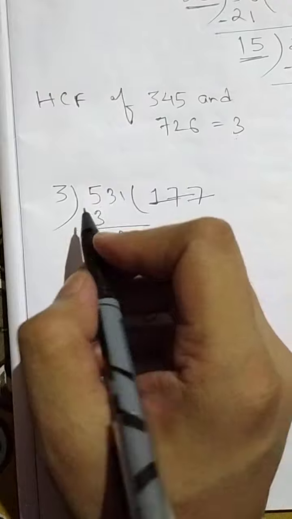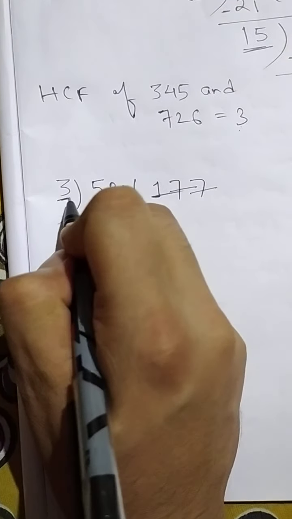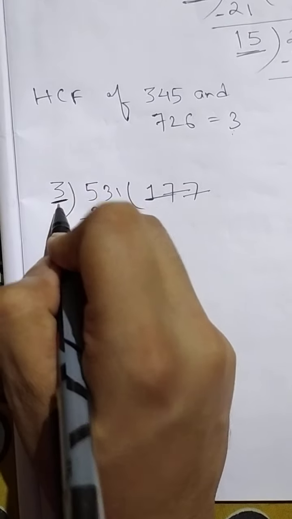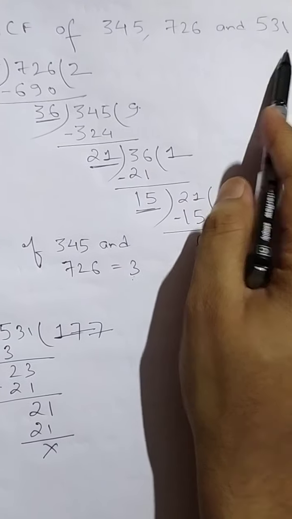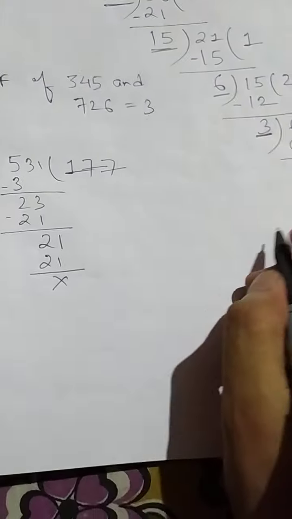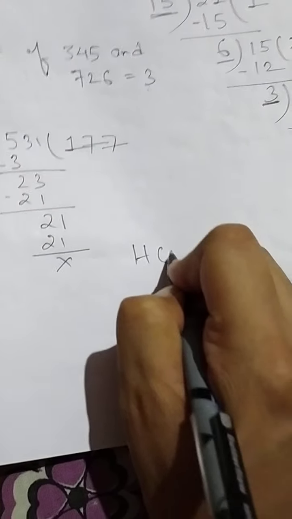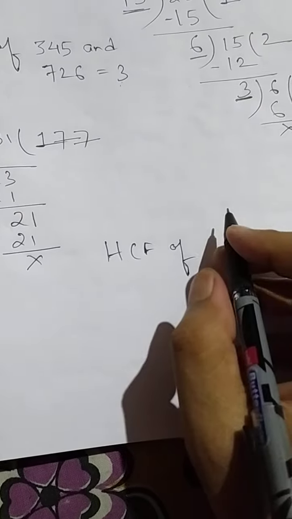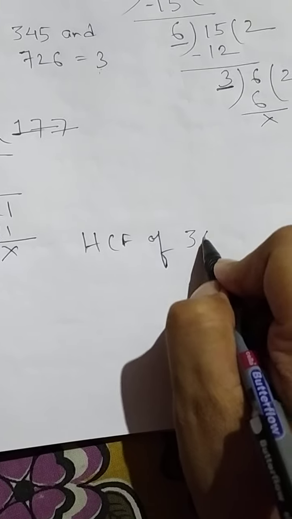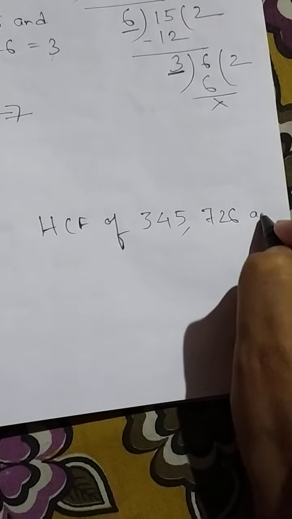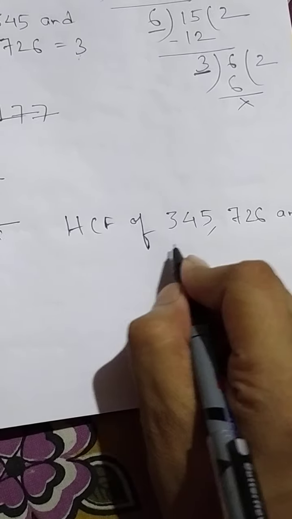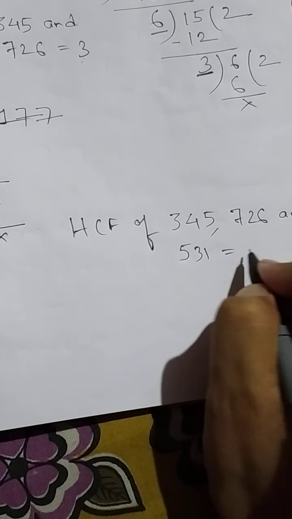So which is the final answer? Again the last divisor is 3. So this is the final answer. This is the HCF of 345, 726 and 531. So write down HCF of 345, 726 and 531 equals to 3.